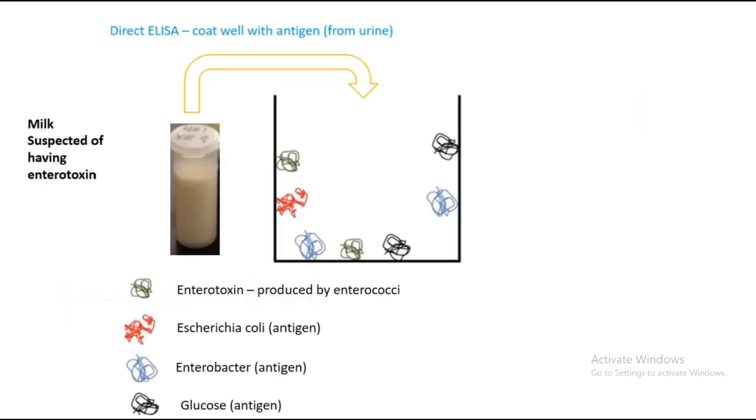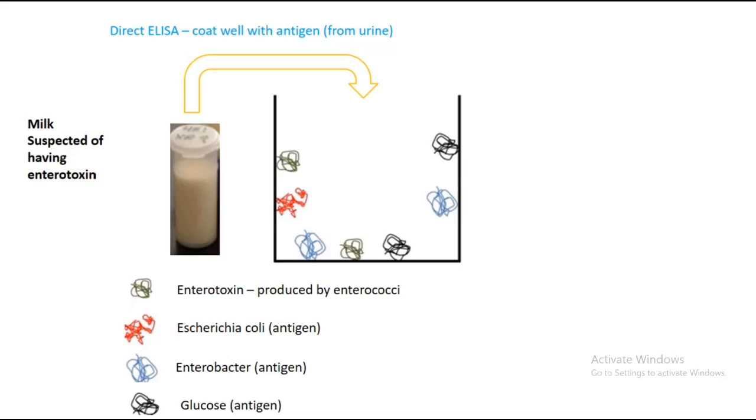So I'm just going to take you through each one individually again, okay? Another example would be with the use of a direct ELISA, where if you had a milk sample and you suspected that it might contain enterotoxin, which could be dangerous when consuming milk, you add the sample to the well, and of course there's a whole range of other components in the well. They all attach to the well, okay?